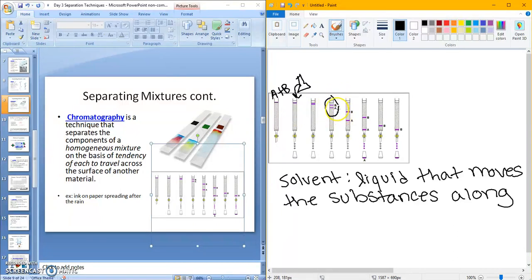If you look, A is constantly moving faster than B, which means that A likes the solvent. It is attracted to the solvent and is happy to move quickly. Then as A gets down to the bottom, we're able to capture it in another container, switch containers, and then capture B. That is how chromatography works.